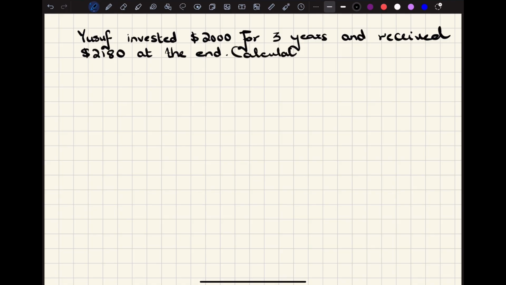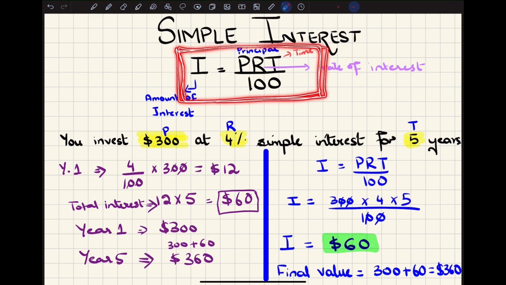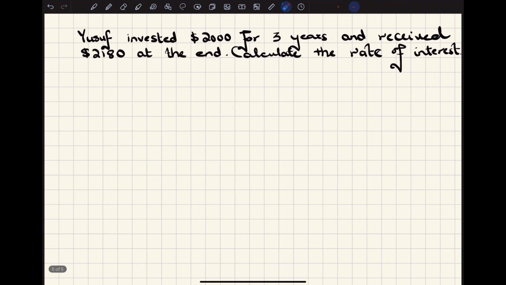Calculate the rate of interest. Okay, you need to understand and keep in mind that for simple interest, this is the formula that we're always going to use in one way or another. But this is the only formula. Okay? So let's start.